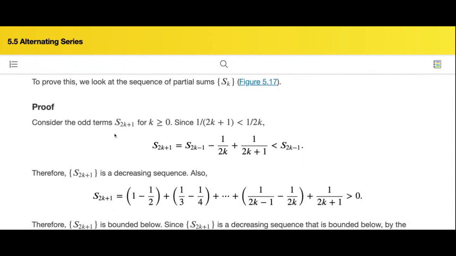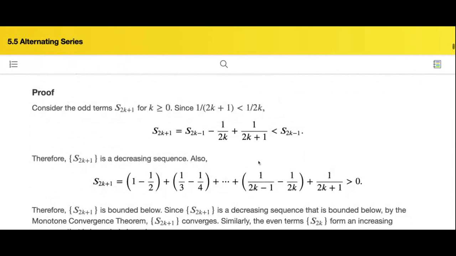So let's see, consider the index as 2k+1. So 2k+1 just forces this to be odd terms, right? So we have an odd number of terms added together, that's S_{2k+1}. So S_{2k+1} equals S_{2k-1} minus 1/(2k) plus the next term, 1/(2k+1). All right.